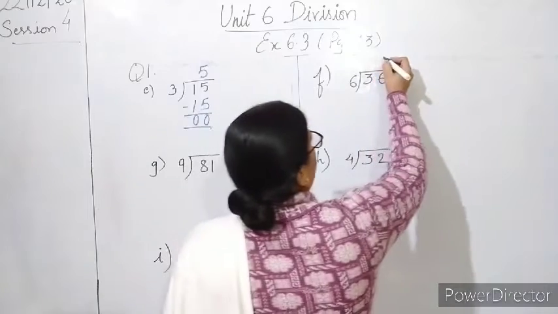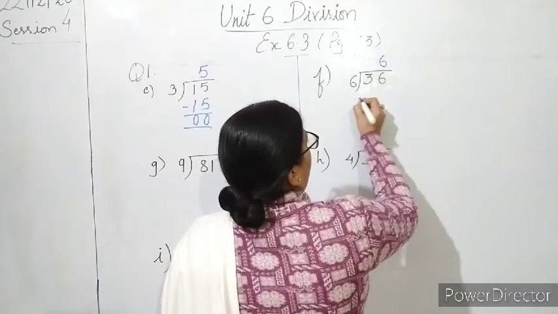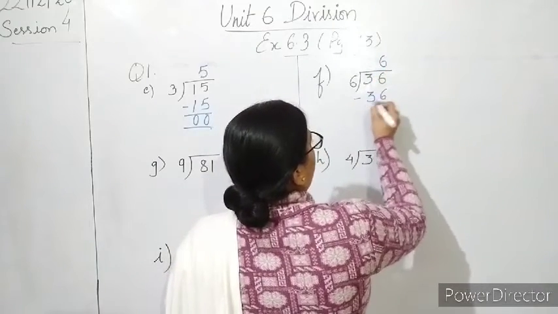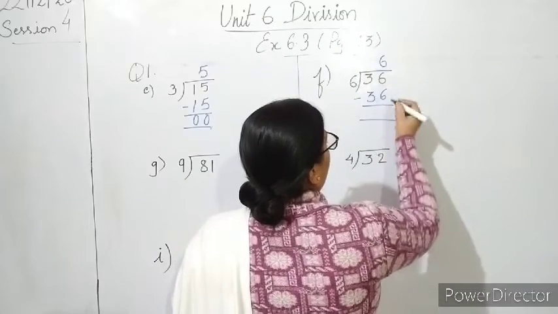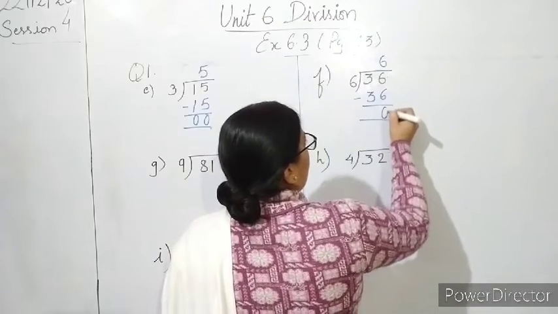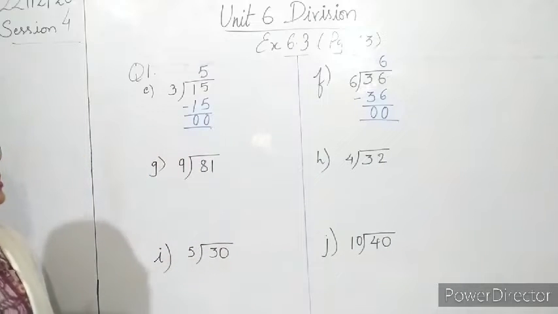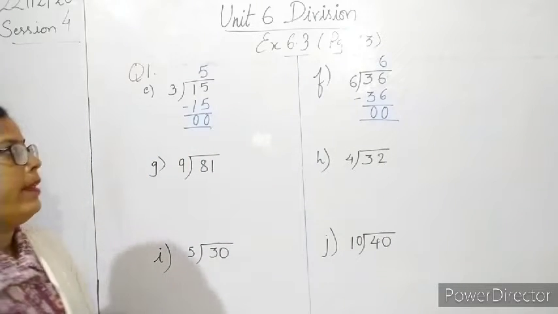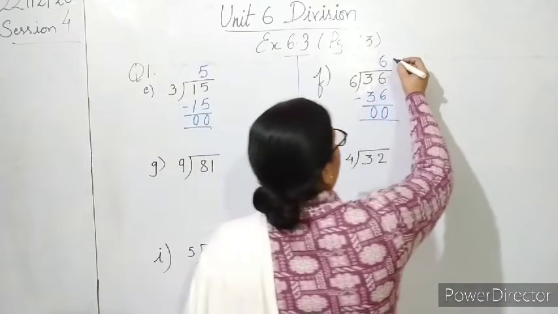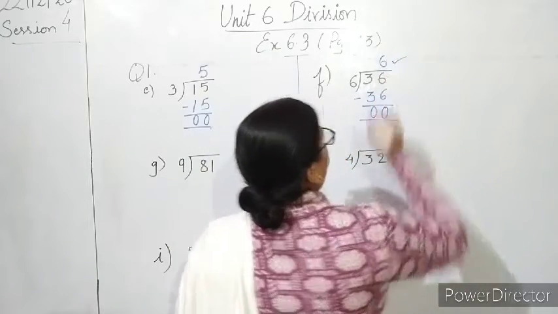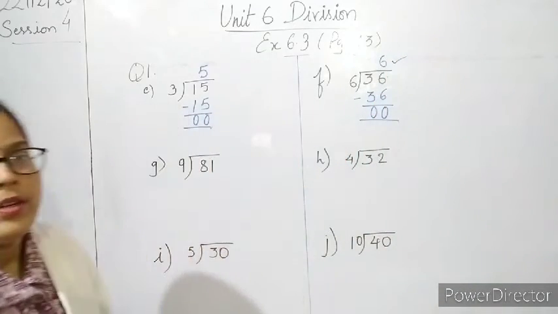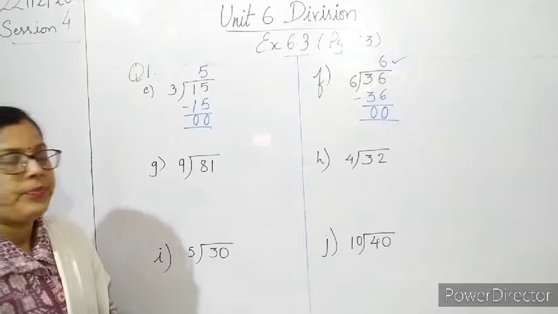So write 6 at the top and subtract 36 from the dividend 36. 6 minus 6 is 0 and 3 minus 3 is 0. What is your quotient here? By 6 times. So here your answer is 6.